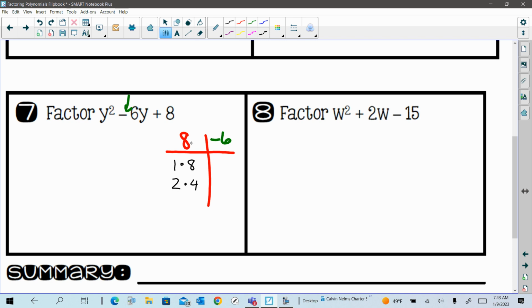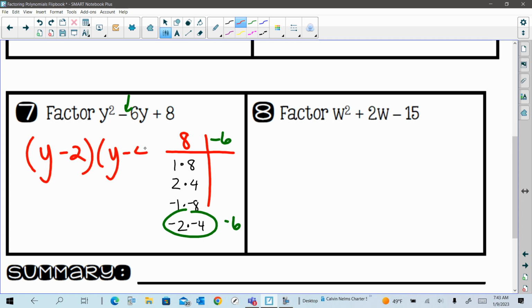But because we're talking about negative 6, I can do a negative 1 times a negative 8, or a negative 2 times a negative 4, and still have a positive 8. That's the pair that gave me a negative 6. So my factors are y minus 2 and y minus 4.